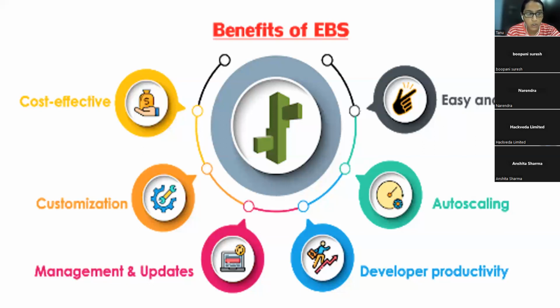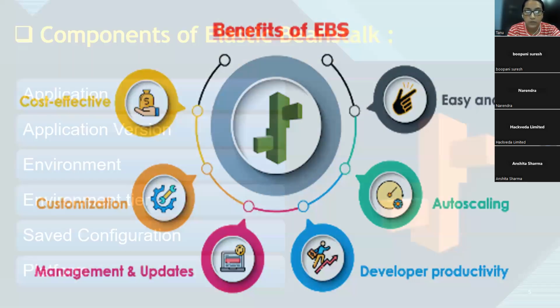Elastic Beanstalk also provides auto scaling, which automatically adjusts the number of resources based on demand. This allows our applications to handle traffic spikes without any manual intervention. Finally, Elastic Beanstalk enhances developer productivity by streamlining the deployment process and providing a simple interface for managing our application. So these are the several features and benefits of the Elastic Beanstalk environment in Amazon.